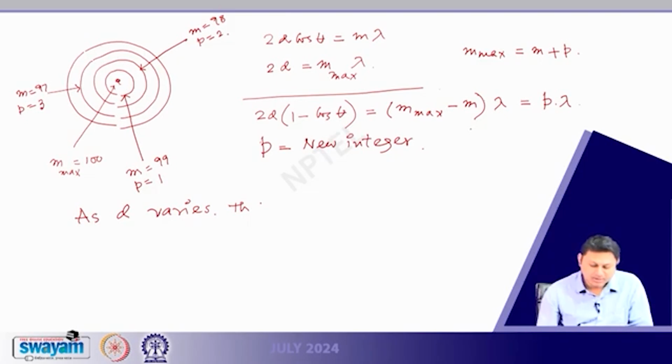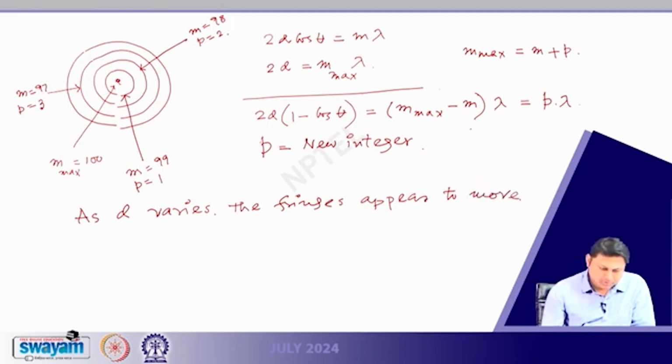That means now d varies. So, as d varies, the fringes appear to move towards the center.